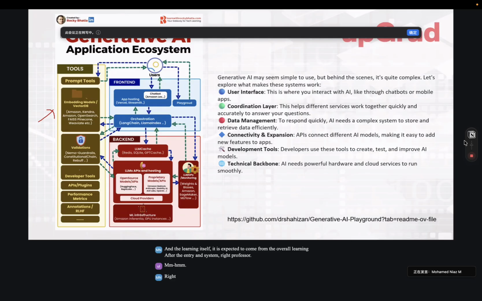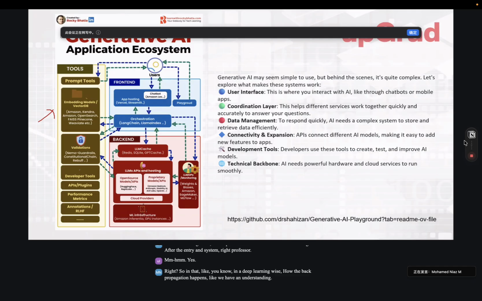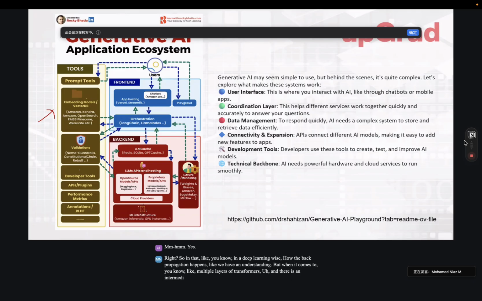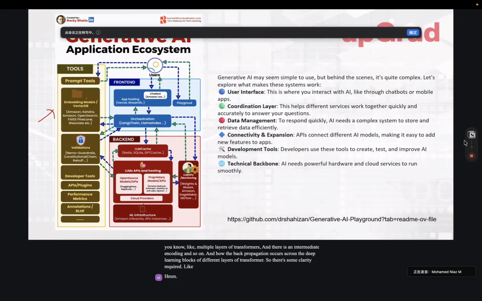In deep learning, we have an understanding of how backpropagation happens. But with multiple layers of transformers and the intermediate encoding, how does backpropagation occur across the deep learning blocks of the different transformer layers? Some clarity is required. If possible, you can touch upon that.